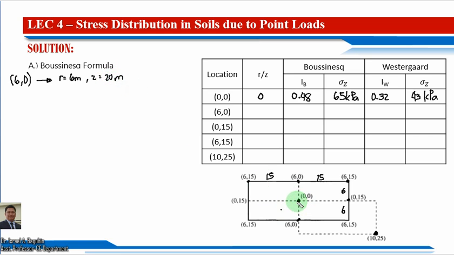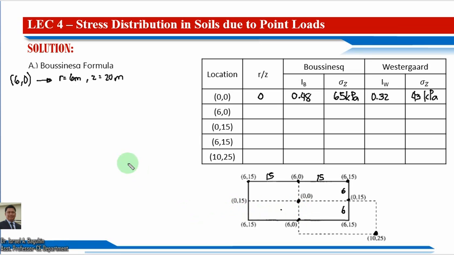Since this is our origin, the radial distance from here to here is 6. That is why our r is 6 meters. The same is true for this coordinate 6, 0, a distance of 6 meters.